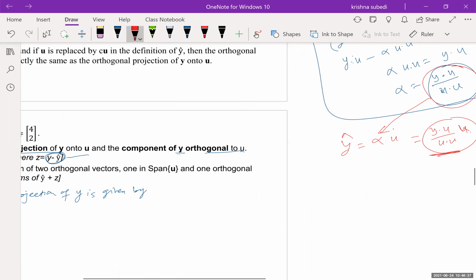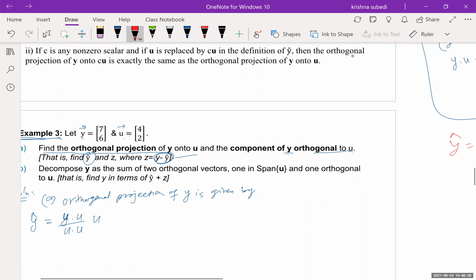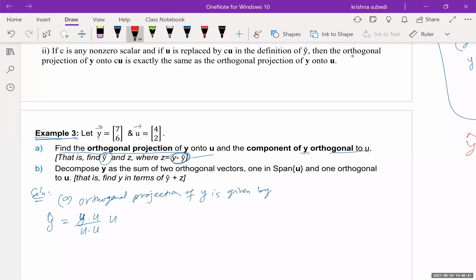Okay, so this is the formula, and let us calculate that. So y is given, which is 7 and 6, dot u is given, which is 4 and 2, over 4 and 2 dot 4 and 2, and then 4 and 2.